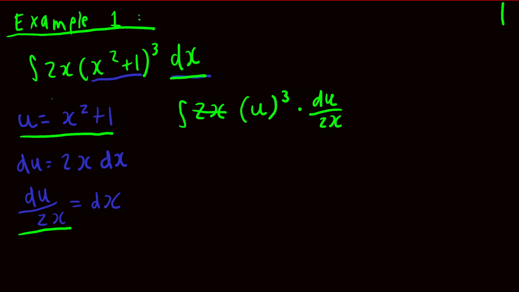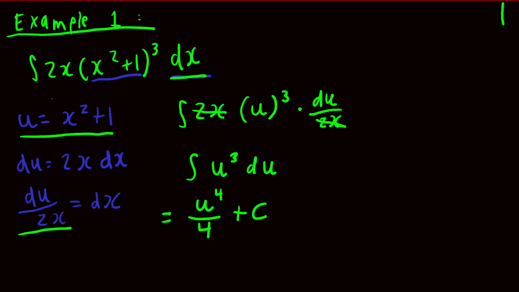So now we just cancel these out. So now we get integral u cubed du. And now, since everything is in u and we have du, we can just integrate normally. So this would be u to the fourth over 4, plus c. Never forget that constant of integration.